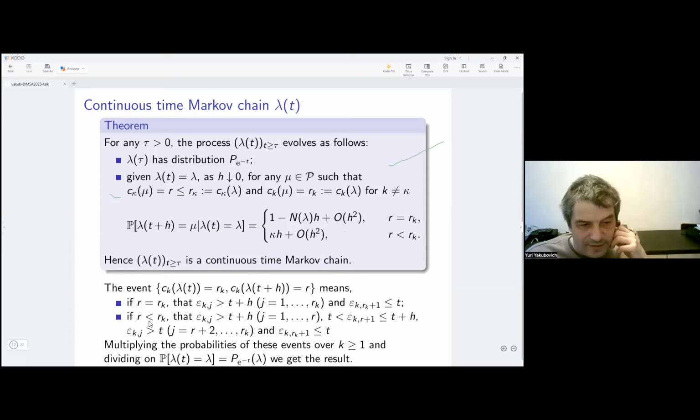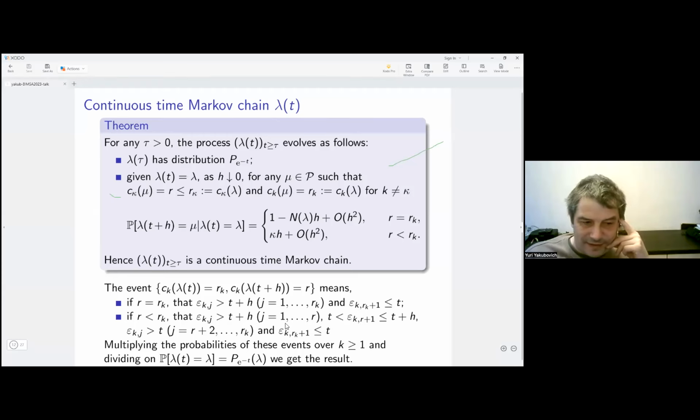And if r is less than k, so we actually removed some number of parts, then we should specify that there should be exactly one epsilon with the index r plus 1 between t and t plus h, and others should be either bigger than t or bigger than t plus h.